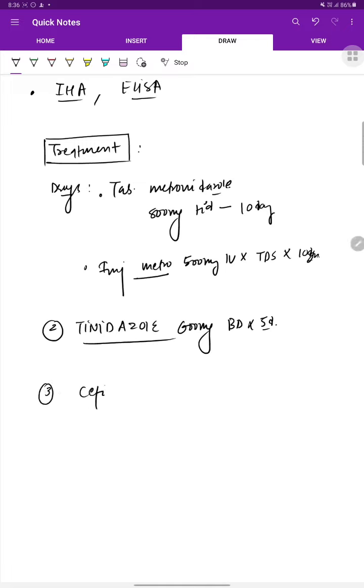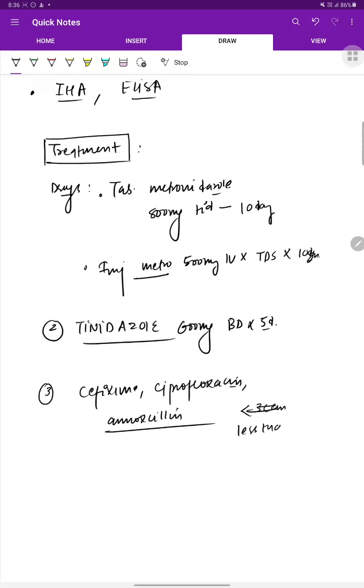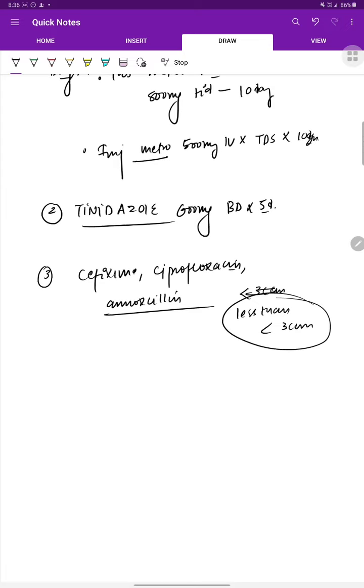Other drugs we can use are diethyl dihydroamidine, and chloroquine is also effective, but due to the presence of various side effects, we are not using this.